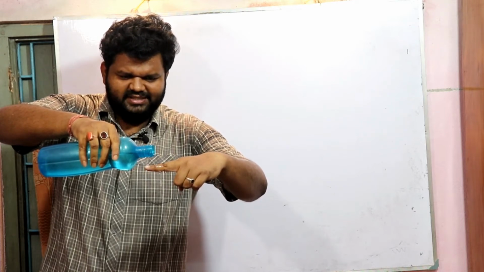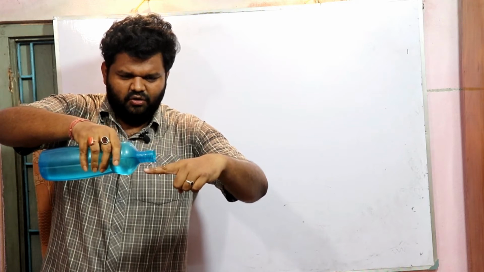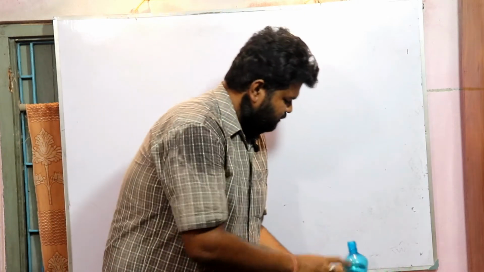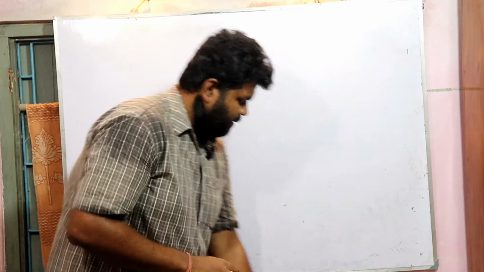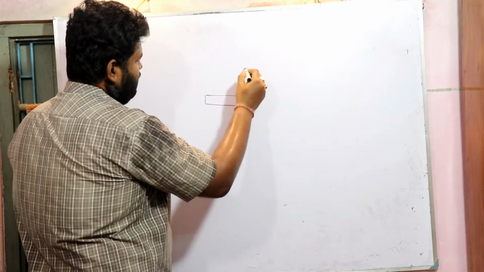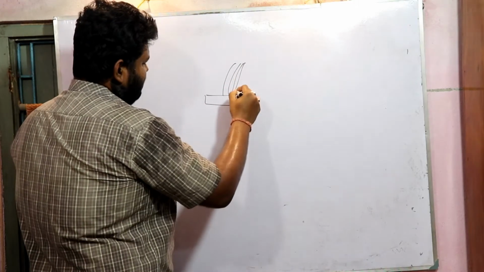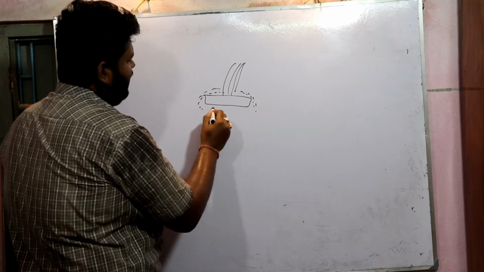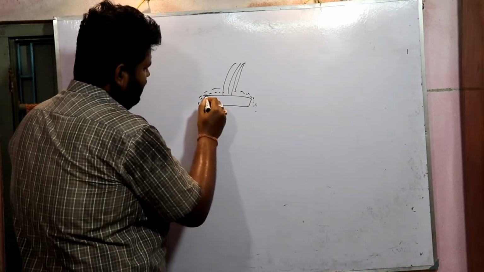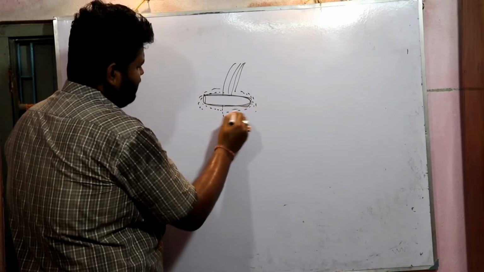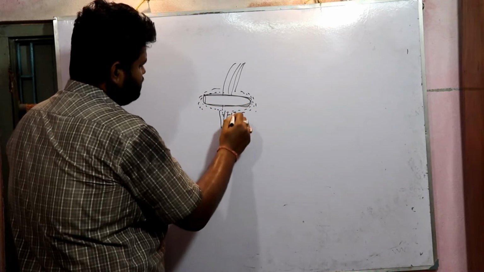You can definitely see that. Okay, what you have seen here is that when my finger was kept in the flow of water, the water particles scattered, and after that, when they passed my finger, they attracted each other and made a continuous flow again.